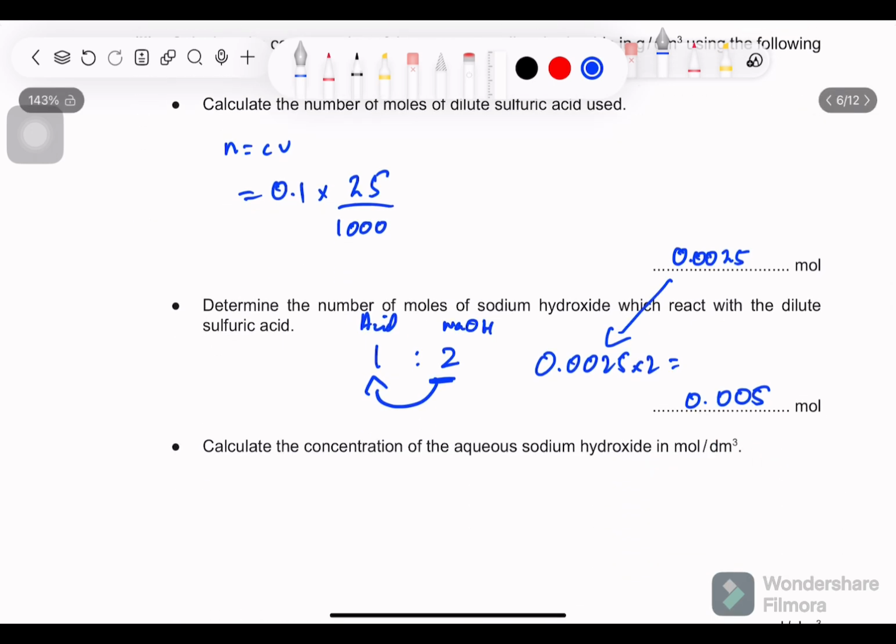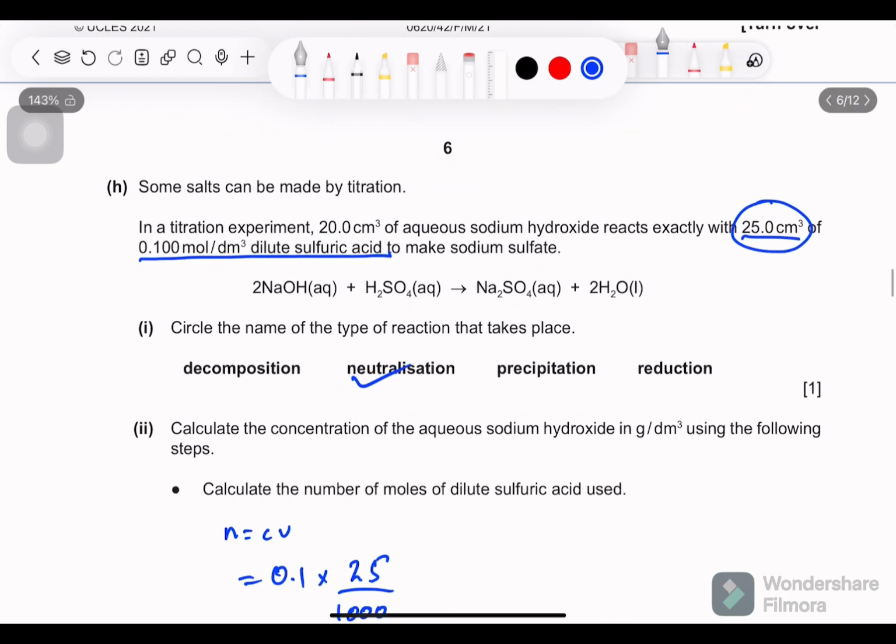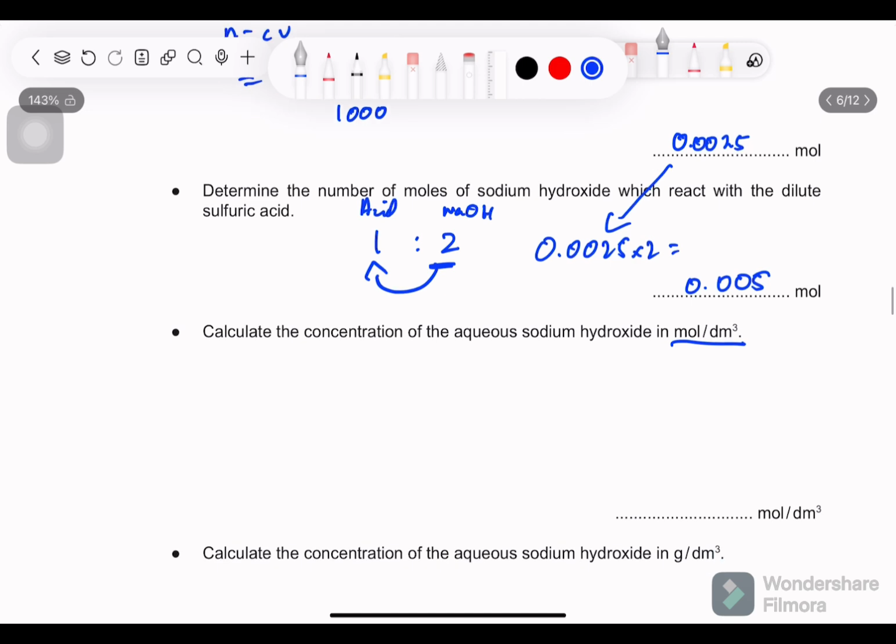Calculate the concentration of the aqueous sodium hydroxide in moles per dm cube. We are given the moles and the volume, also 20 cm cube. So n equals CV again, and for the concentration, n over V. Moles are 0.005.